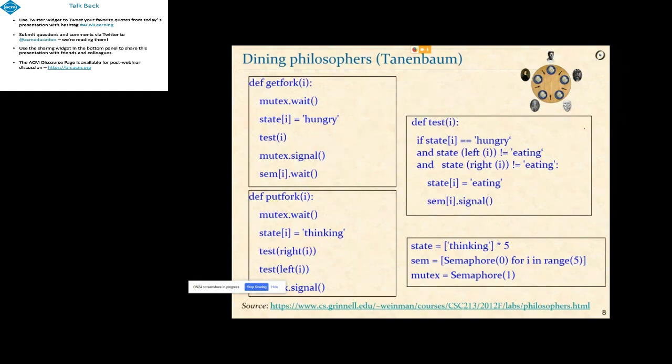And to give you an idea of the kind of thing that we deal with, here is the standard dining philosophers solution. The dining philosophers, as I'm sure many of you know, is an academic example which is very useful to model many problems of resource contention in operating systems. You have a number of people sitting around a table eating spaghetti, and in order to eat, they have to pick up two forks.